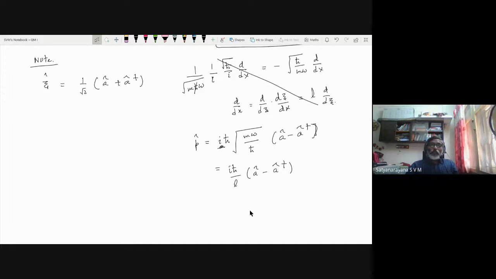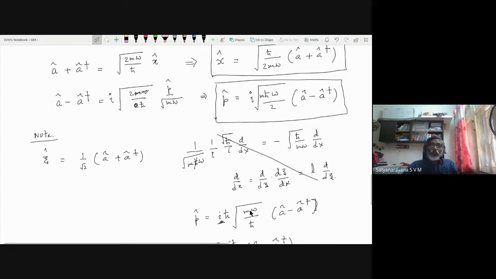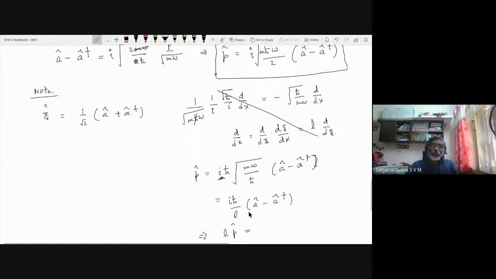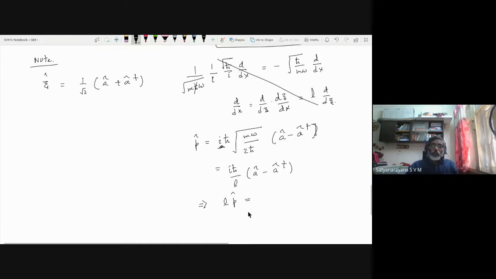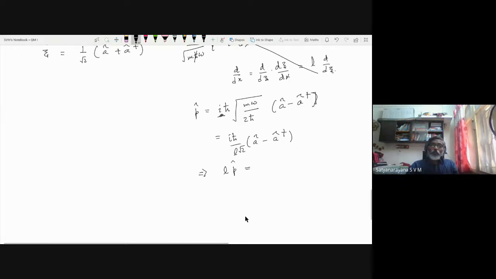That is equal to, it implies I get L into p. L into p is equal to, there is a 2. That 2, I think I will leave it as such. So that 2 will be there. So that is root 2. So L by i h bar into p is equal to 1 by root 2 into a minus a dagger.